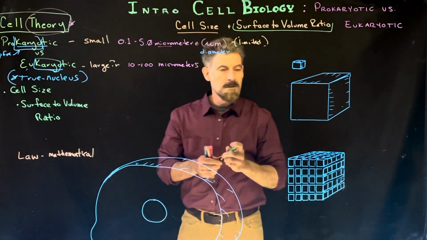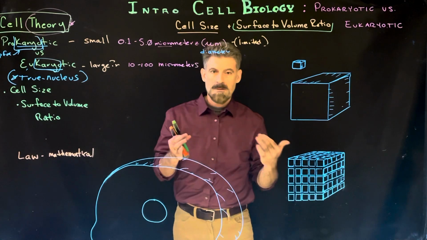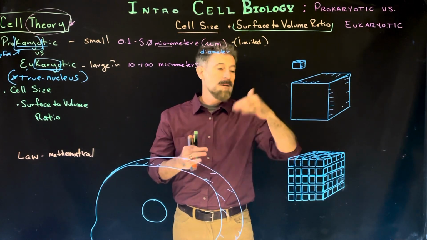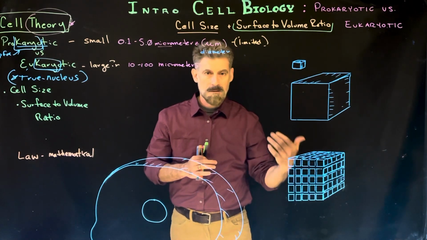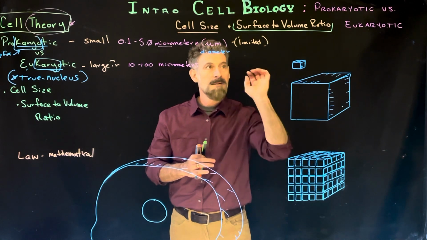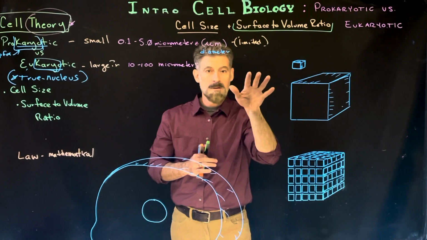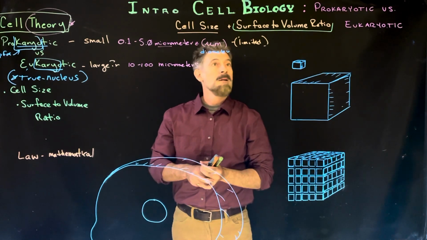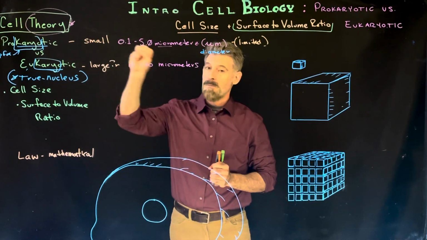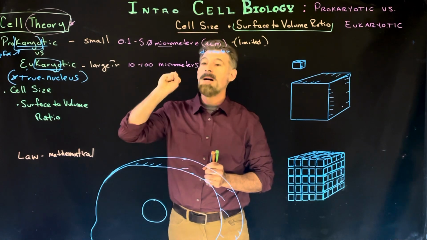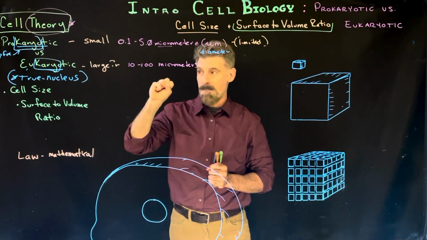I'm going to end this here because I don't want to go on too long. That's where we'll pick up with the next talk. The next lecture will focus specifically on the surface to volume ratio. This first little talk is on cell theory. All living things are cells. The smallest unit of life is a cell, and so on.